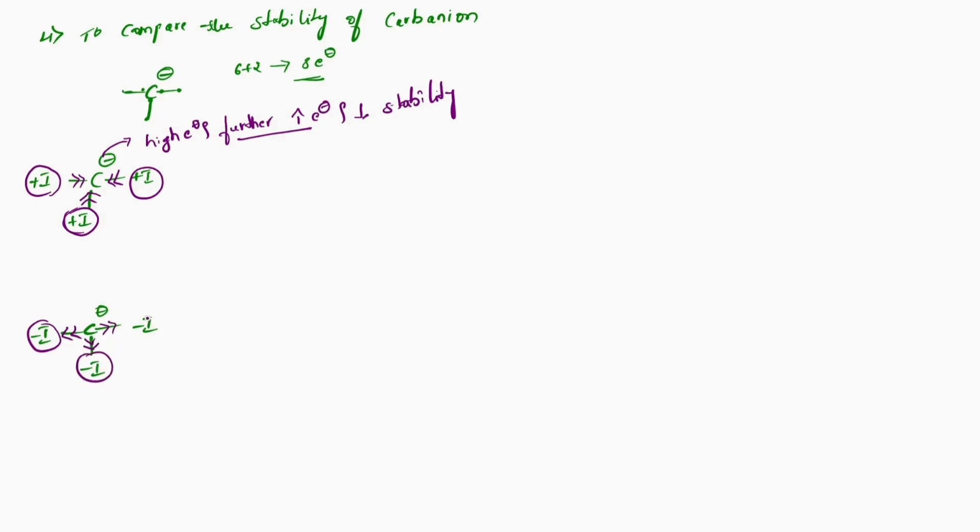So what happens? The high electron density is reduced. Here, this carbanion has high electron density. When the negative inductive groups are attached to carbanion, these are going to decrease the electron density and increase the stability.